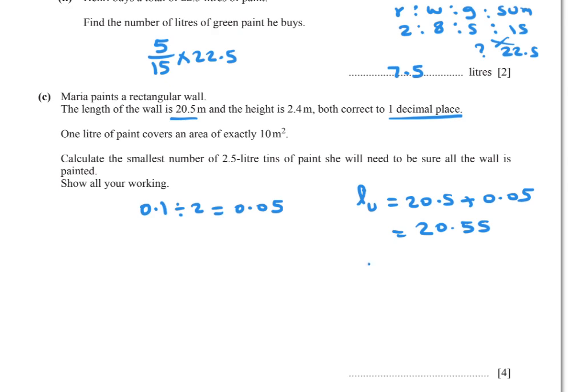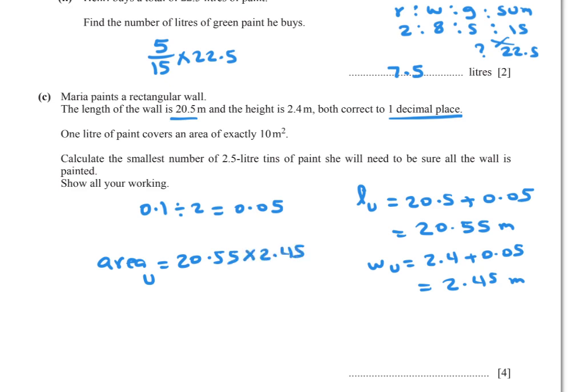The same for width upper equals 2.4 plus 0.05 equals 2.45 meters. Now to find the area, I need area upper, so 20.55 times 2.45 equals 50.3475 meter square.